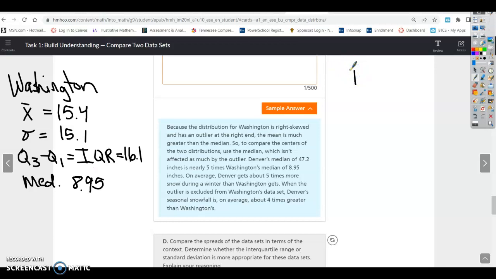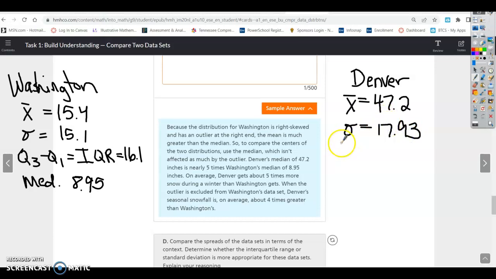And if I look at Denver, I have a mean of 47.2. I have a standard deviation of 17.93. I have an interquartile range of 27.3, and I have a median of 47.2.